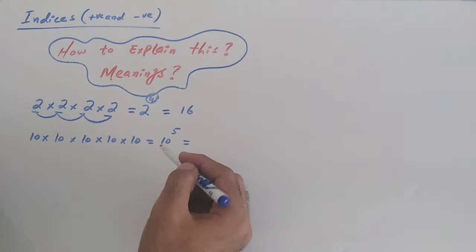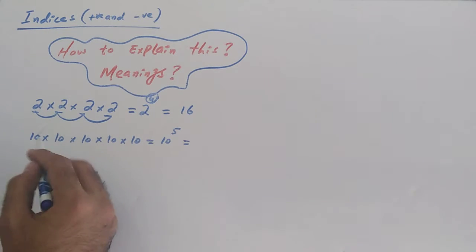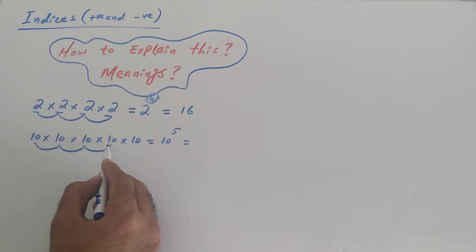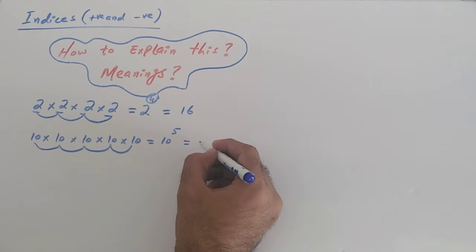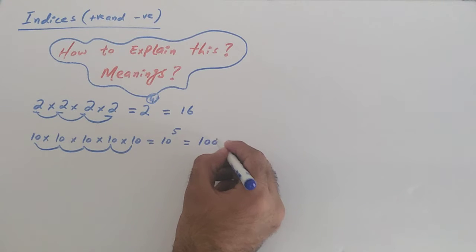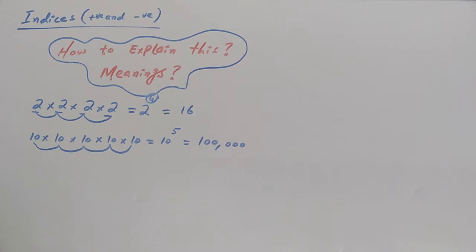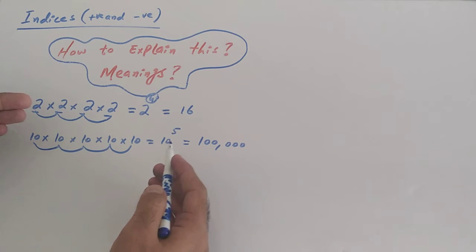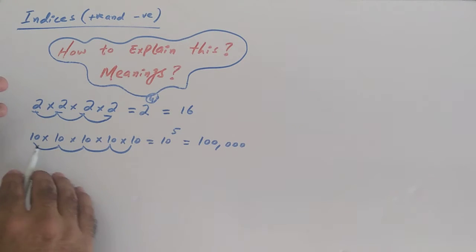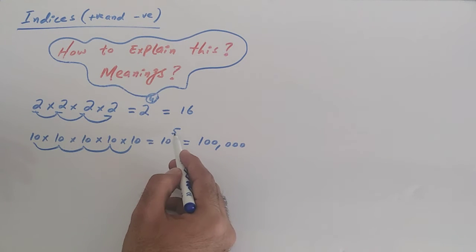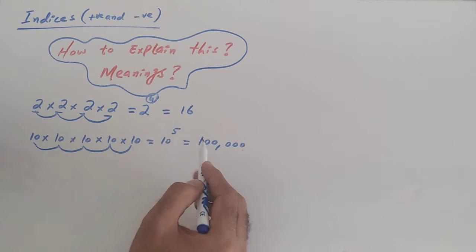It means we multiply 10 with 10 5 times, so the answer is 100,000. There's also a short way to avoid multiplying: 10 raised to the power 5 means there will be 5 zeros, 1, 2, 3, 4, 5.